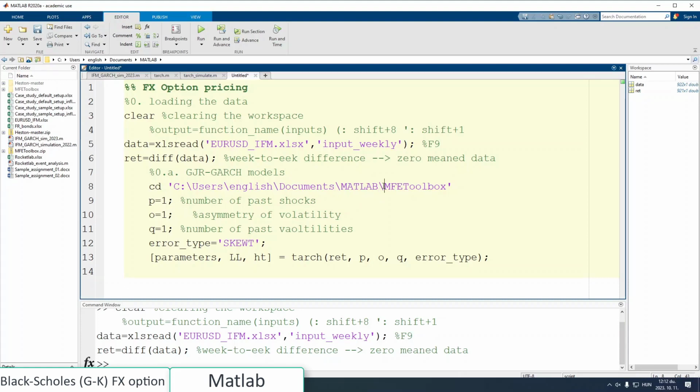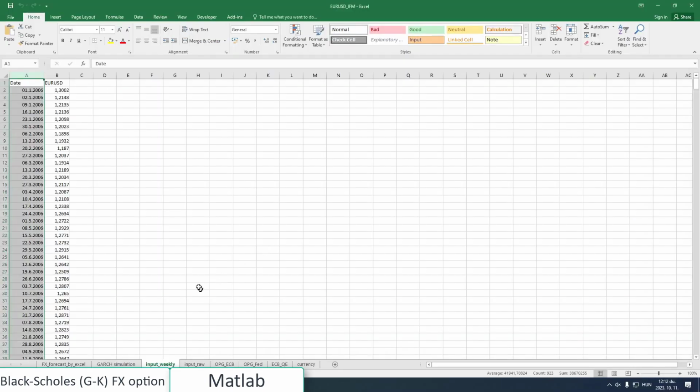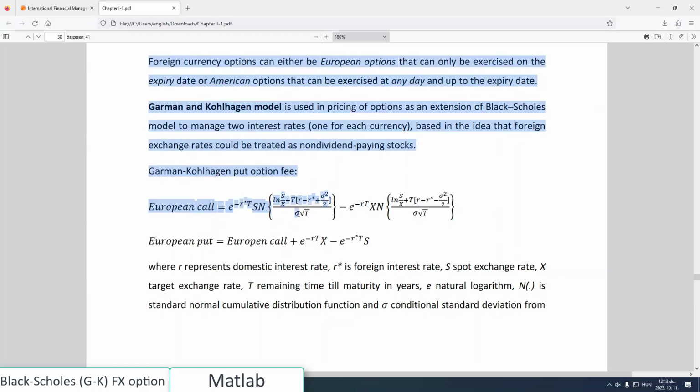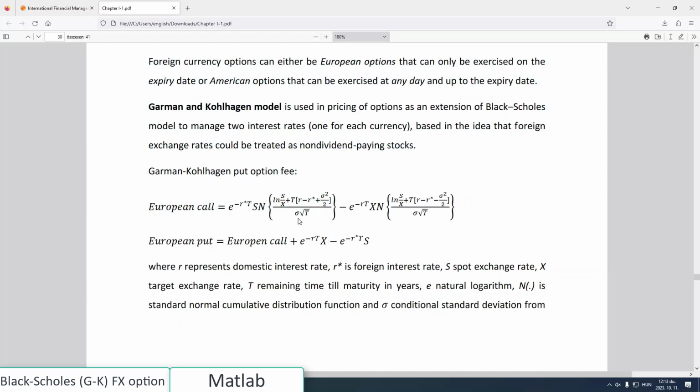In this case, yes, we are using the MFE toolbox, but using the QT distribution in the case of the volatility can be nice. Just there can be some contradiction between assuming normal distribution in the data set in the core pricing, and at the same time assuming QT distribution, absolutely no normal distribution, when we are generating this one.